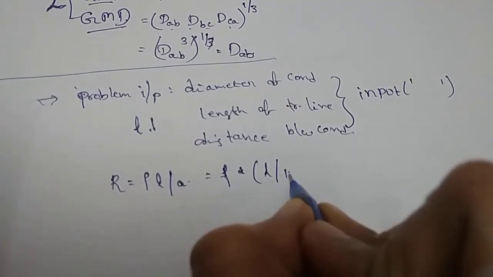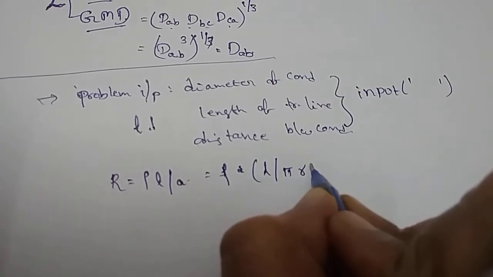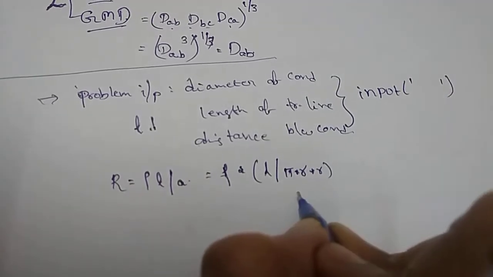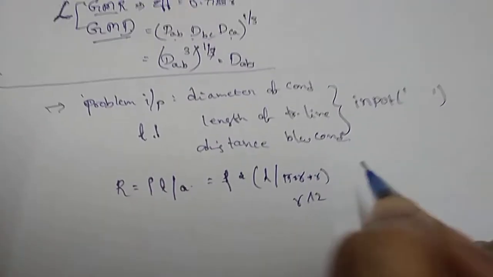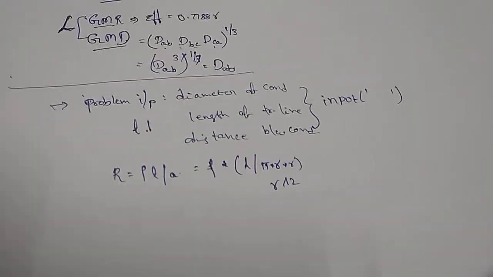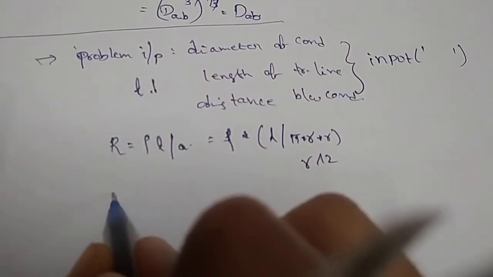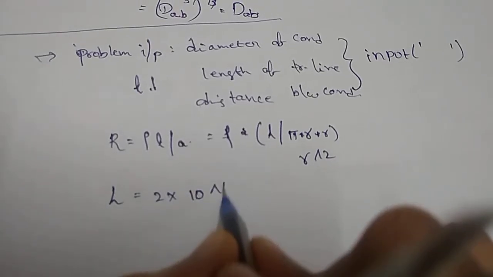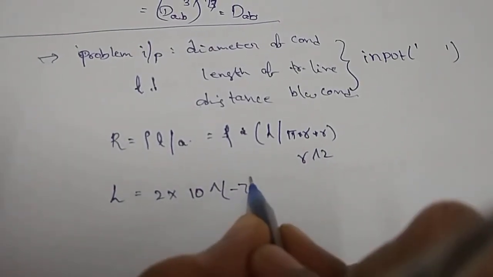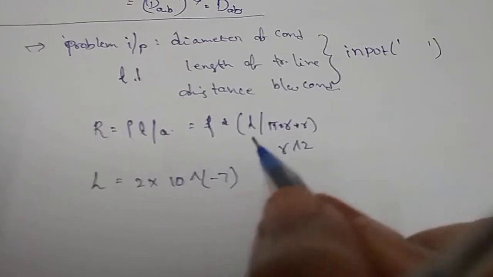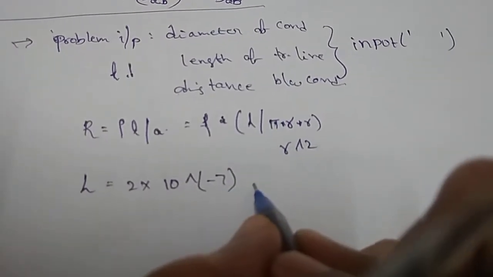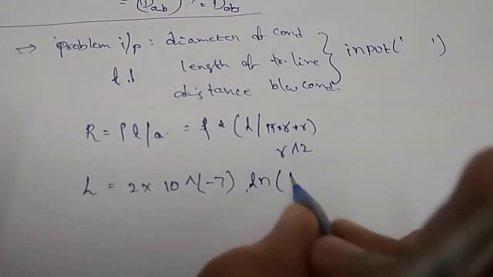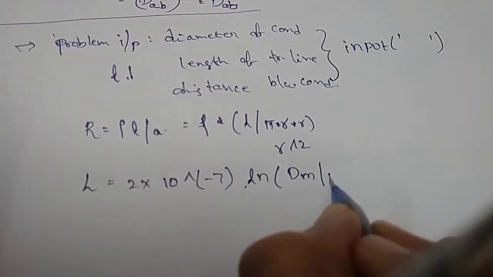Whatever the A is there, we are representing pi R square. For pi R square you can go with R into R or R power 2. Both are valid. Next one for inductance, 2 into 10 power minus 7 ln dm by ds.